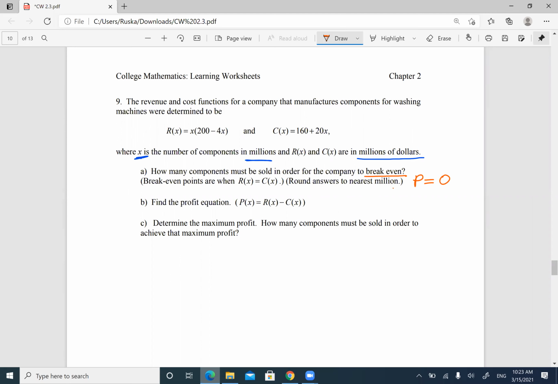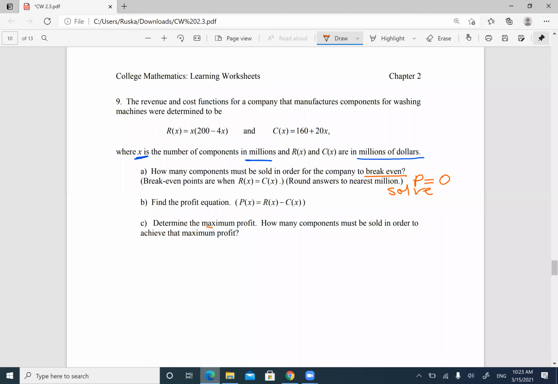But here you have to solve a quadratic equation. We need to solve that equation, okay? Now to find the profit, just subtract revenue minus cost, that's the formula.